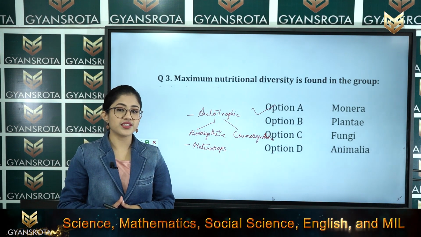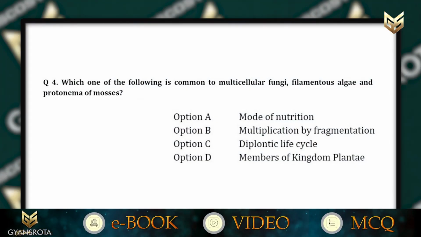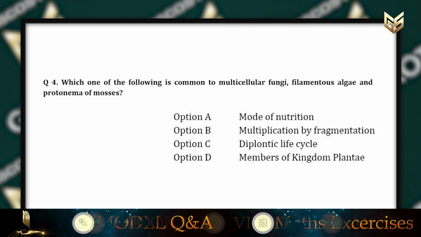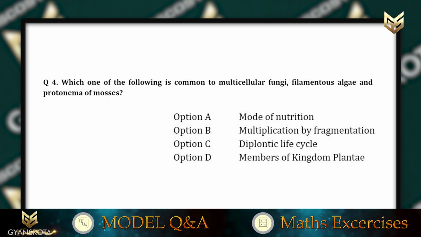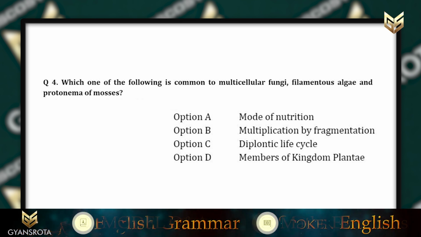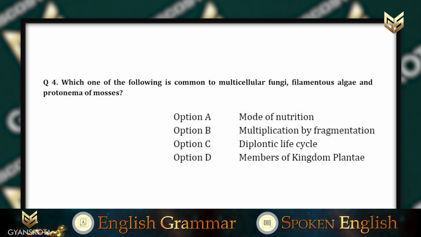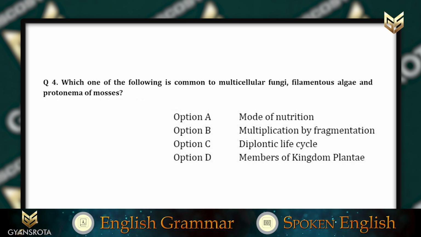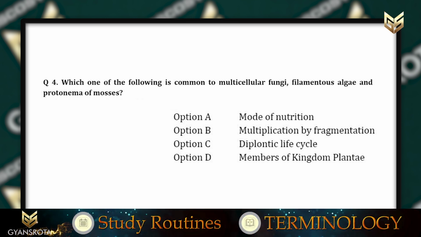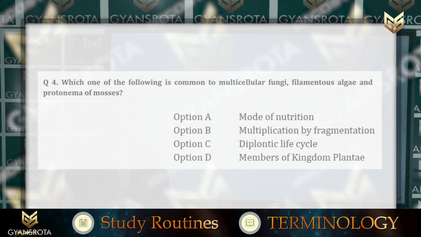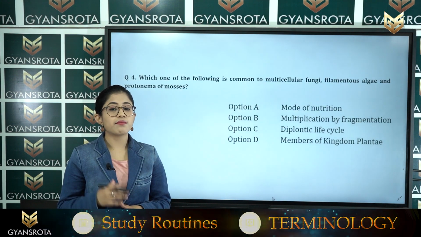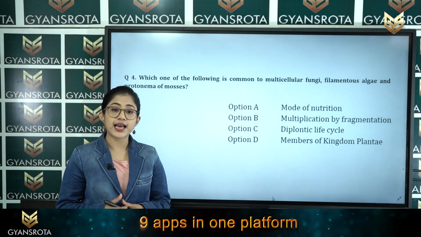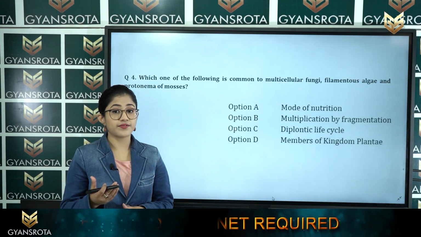Now let's see the next question, that is question number 4. Which one of the following is common to multicellular fungi, filamentous algae and protonema of mosses? Option A, mode of nutrition; option B, multiplication by fragmentation; option C, diplontic life cycle; and option D, members of kingdom Plantae. That's a very easy question.